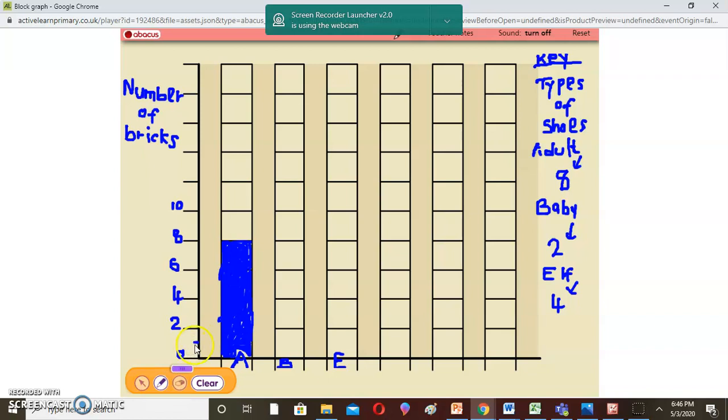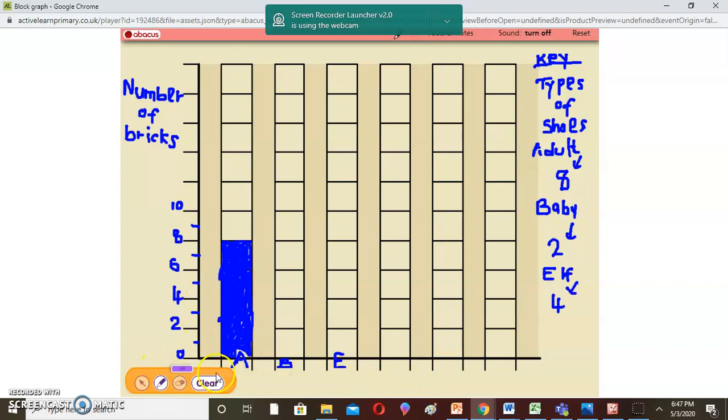So 0, 1, 2, then here we have 3, 4, then 5, 6, 7, 8, 9, 10. If you're asked to draw the number of blocks that represents 5, you are able to use this to help you.